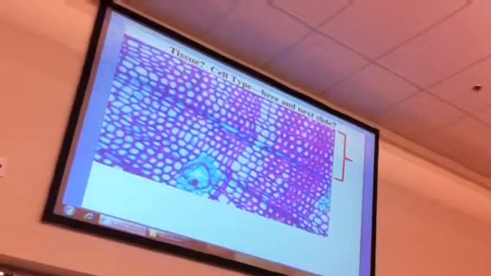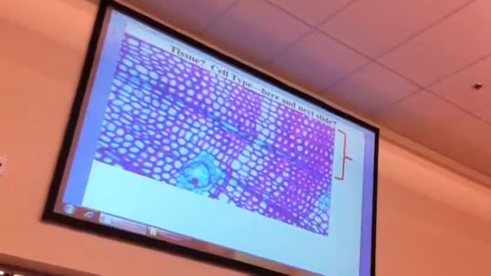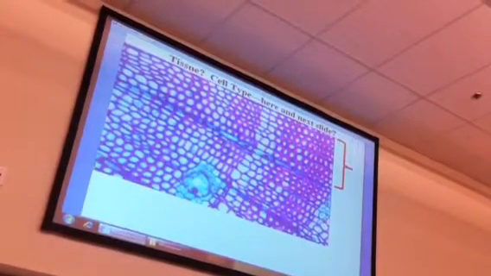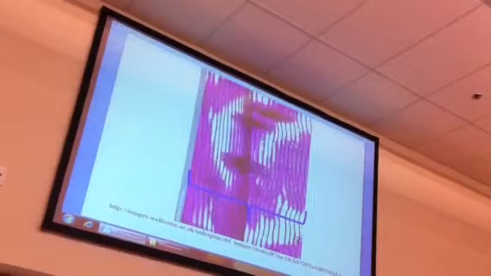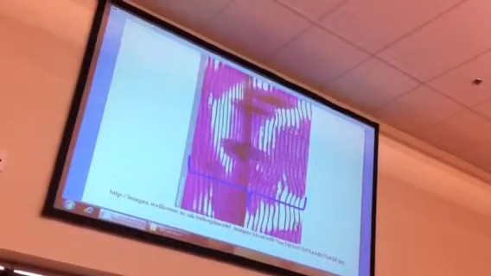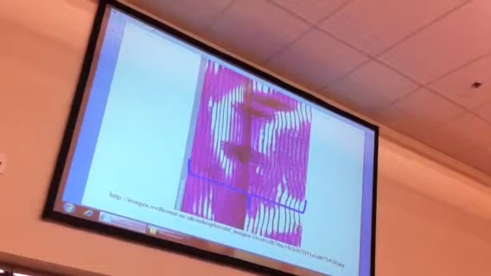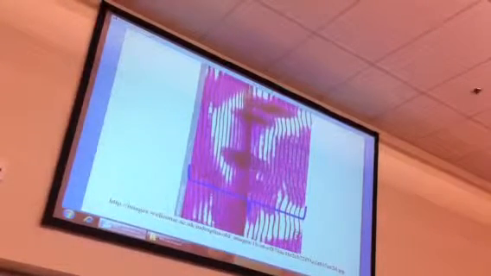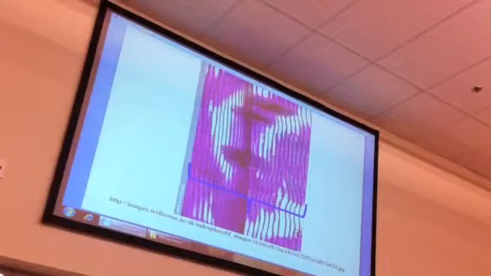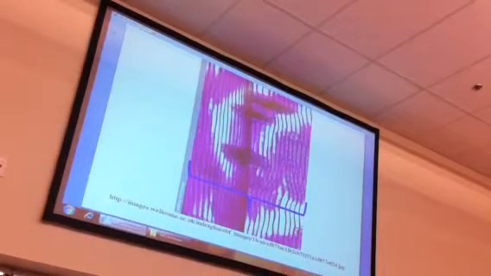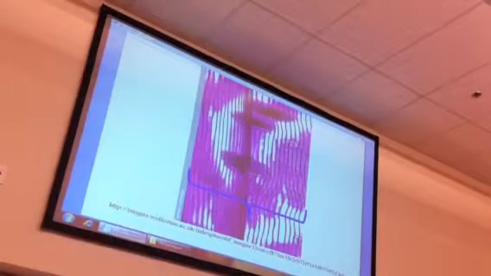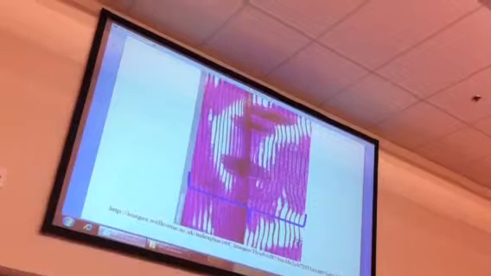But here's the true difference, and here's where we're going to end, and I'll finish this up next week. Look at this in longitudinal section. Do you see, if you imagine water coming up this, it reaches a dead end, and then it has to go out these pits. So this is exactly what we talked about in lecture earlier: tracheids have their end walls, and the water goes up, then it has to zigzag.